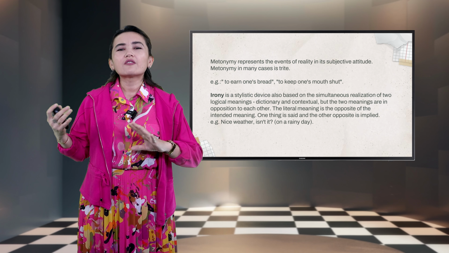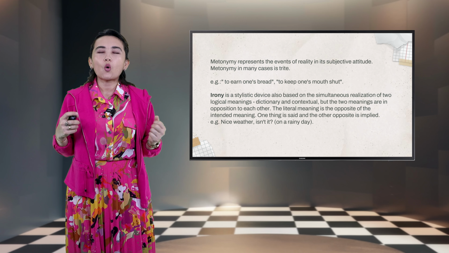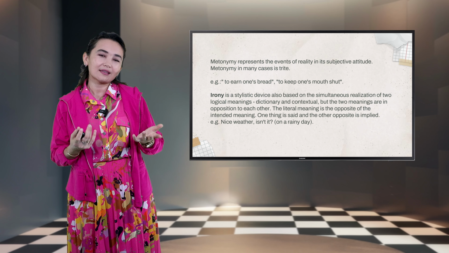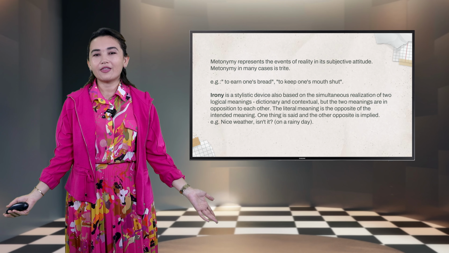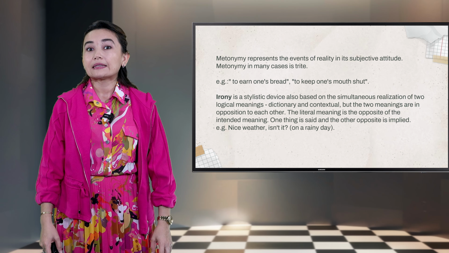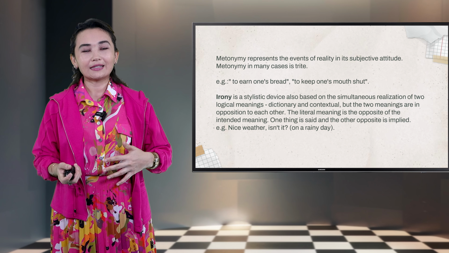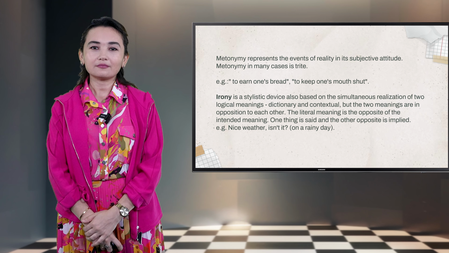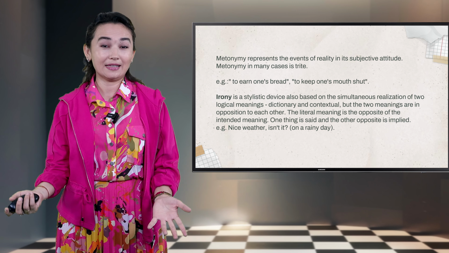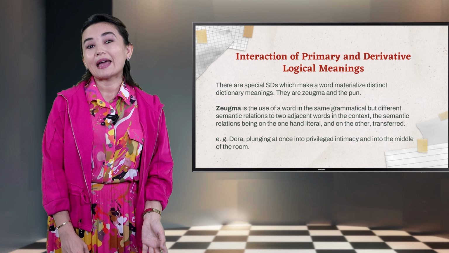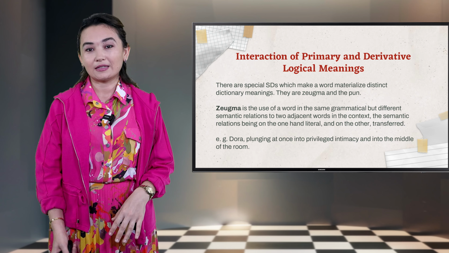Yes, on a rainy, stormy and cold day, someone can say that, oh, nice weather, isn't it? So, it's nice weather. So actually it is not nice weather maybe. But for someone it is. And interactions of primary and derivative logical meanings.